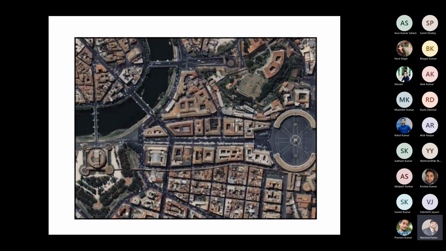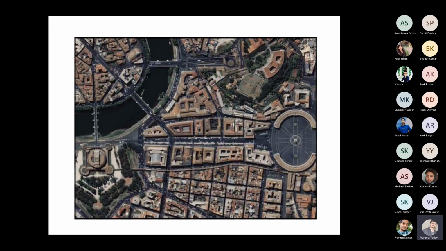Once we generate the major classes, a unique color is given to each class. If we talk about water bodies, one unique color is given to the water body. Similarly, for the road network, a unique color is given.